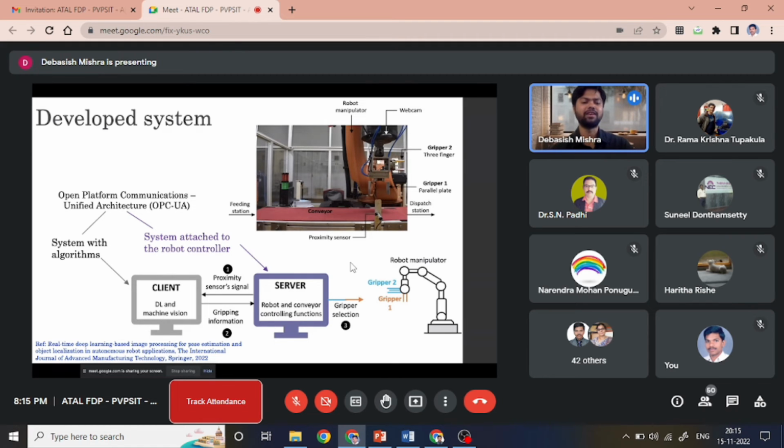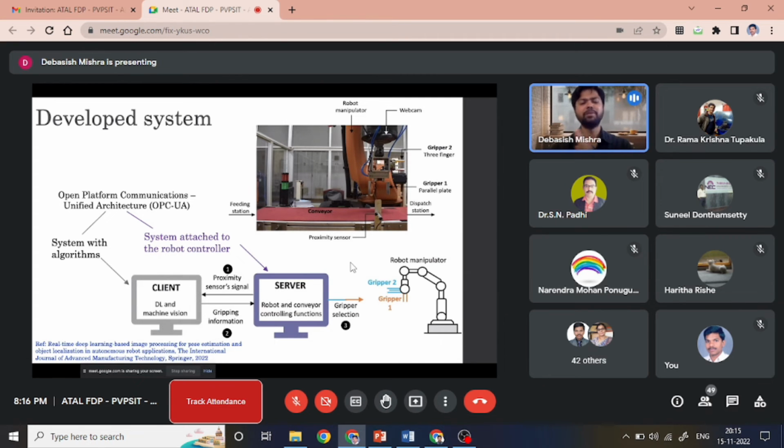They were taking the information about the proximity signal and the stopping of the conveyor, and accordingly doing the analysis, and their feedback was what the pose is, what the object is, and how the gripper has to be taken by the robot to grip the object.